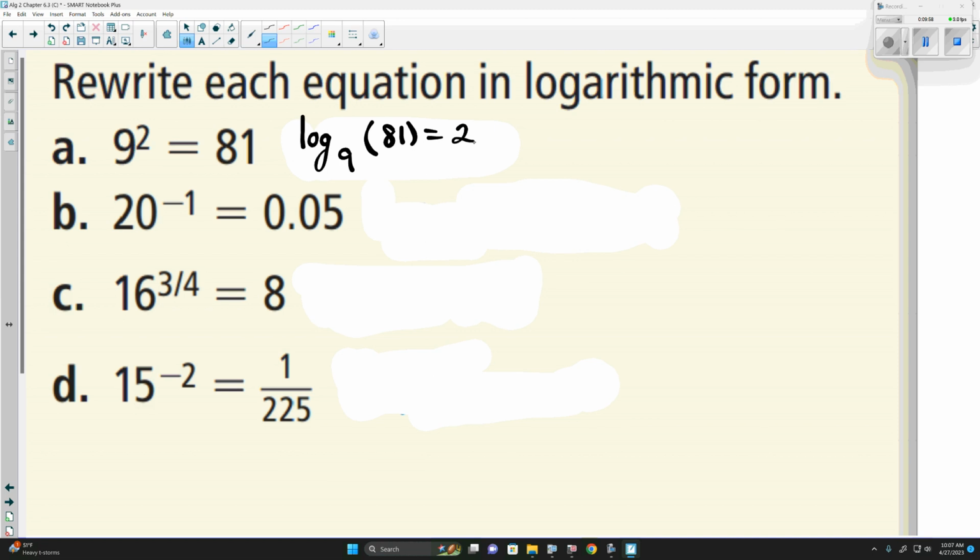And that's it for the first one. The next one would be log base 20 of 0.05 equals -1. Next one would be log base 16 of something equals 3/4.